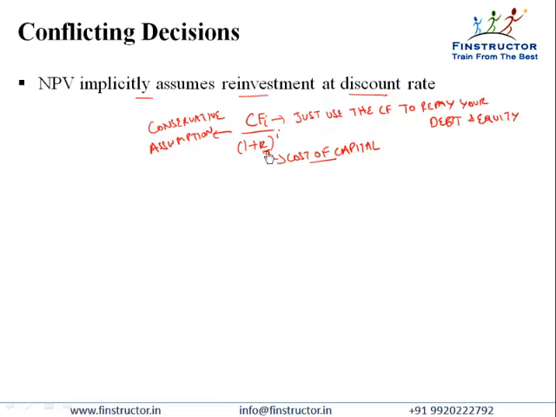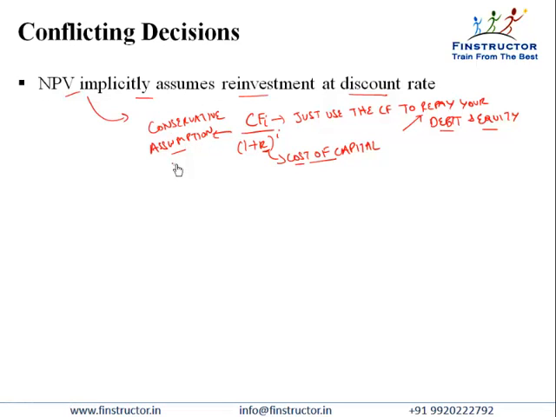So even if you have no investment opportunities, you can earn the cost of capital by simply repaying your capital supplies or your debt and equity. So the NPV assumption is a good assumption. It is a conservative assumption.